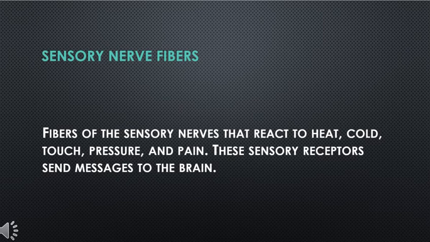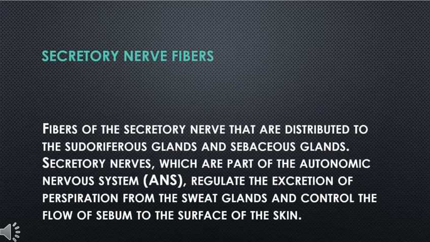These sensory receptors send messages to the brain. Secretory nerve fibers. Fibers of the secretory nerve that are distributed to the sudoriferous glands and sebaceous glands. Secretory nerves, which are part of the autonomic nervous system, ANS, regulate the excretion of perspiration from the sweat glands and control the flow of sebum to the surface of the skin.